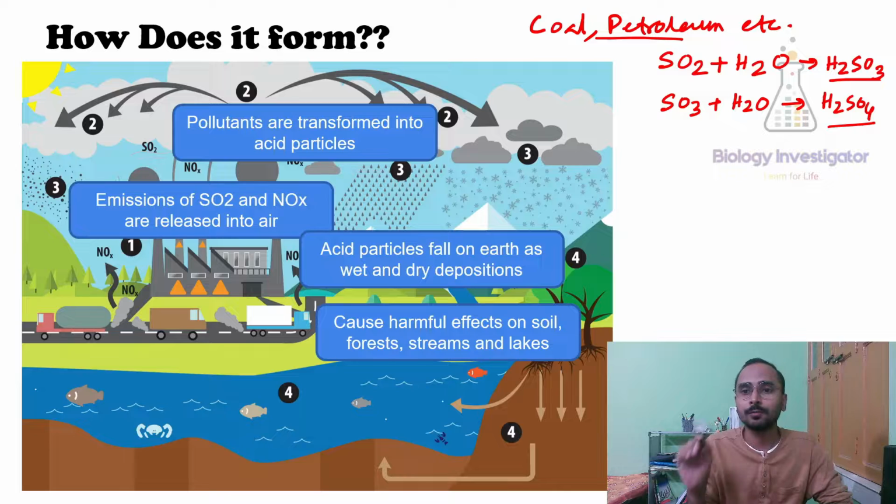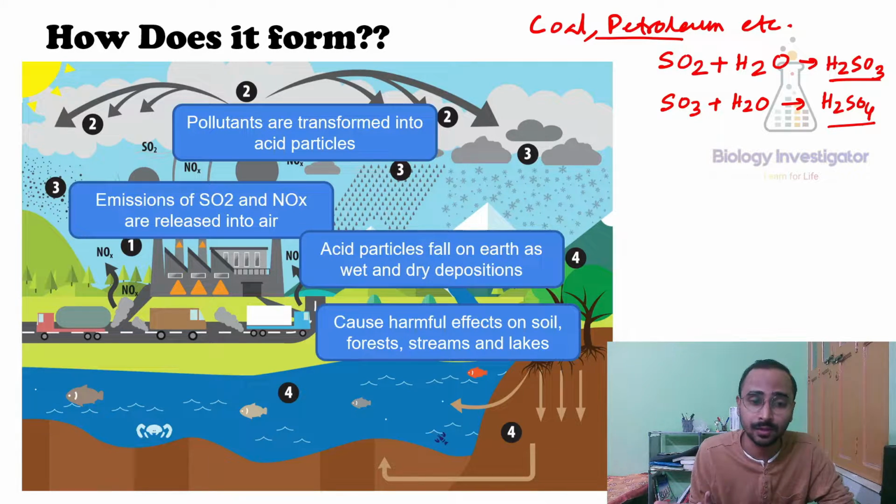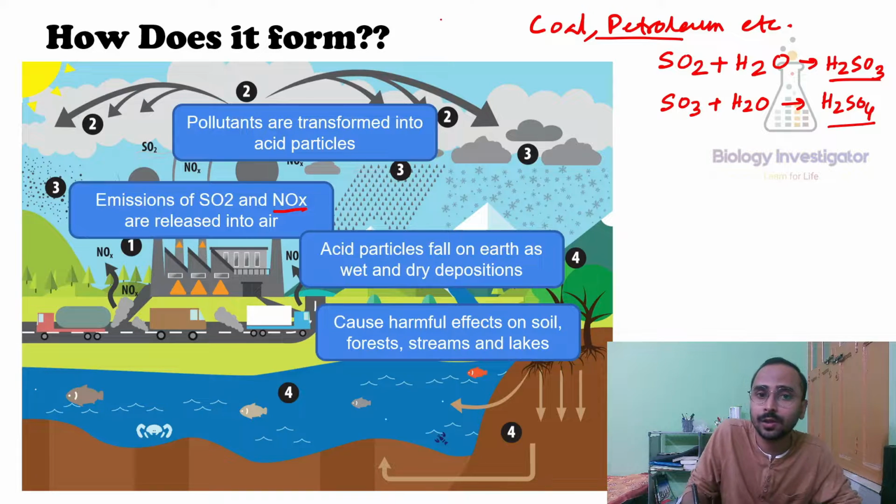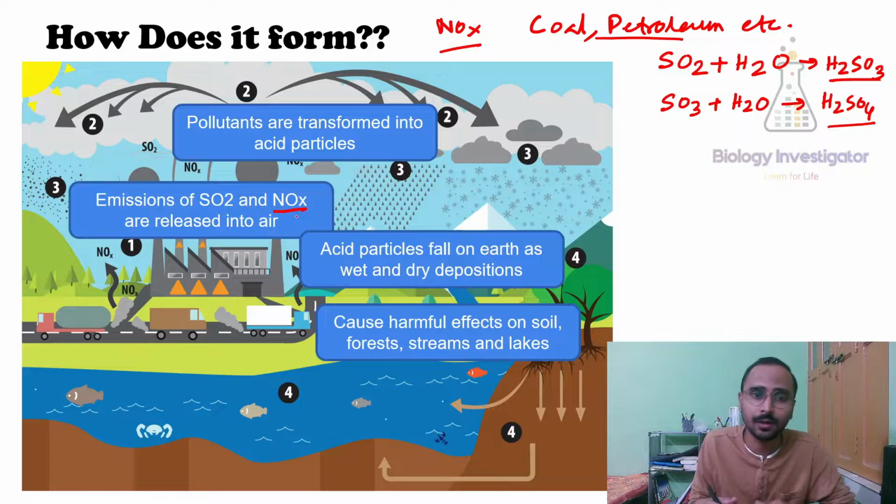So sulfurous acid and sulfuric acid are generated, and from oxides of nitrogen, that is NOx, you can get nitric acid.